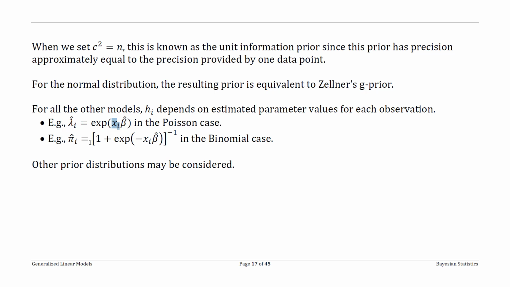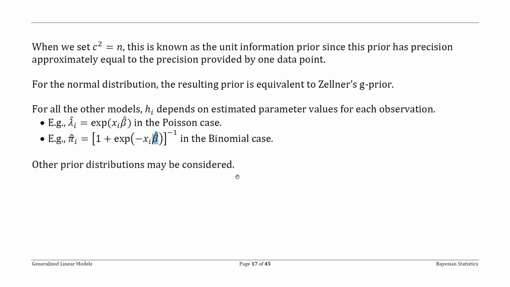Similarly, if we look at the logit link function for the binomial distribution, then we can link the probability of success parameter pi_i to the inverse of 1 plus the exponential function of negative x_i transpose beta hat, where once again beta hat is the estimated regression coefficients for a generalized linear model fit in the frequentist context.